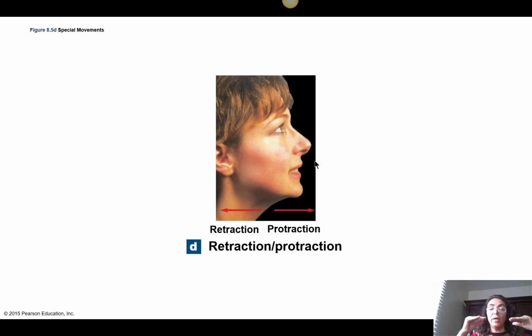And if you put it backward in the horizontal plane, we call it retraction. You can try it, although you may become ugly. Like this is protraction, the lower jaw comes forward, and if it gets back to the original position, it is retraction, right?